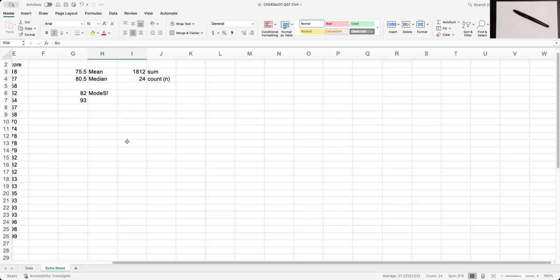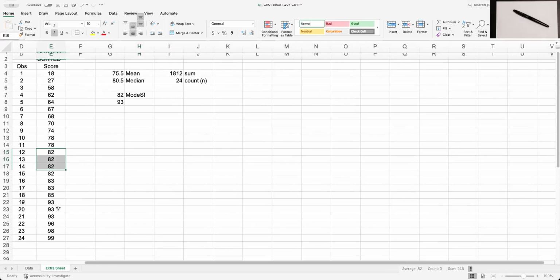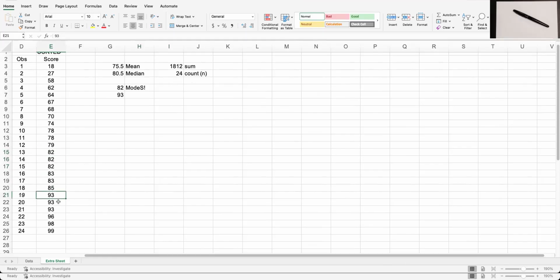As a matter of fact, if we look at the sorted data, I see that 82 occurs 3 times and 93 occurs 3 times. But there are 24 pieces of data here, 3 out of 24 isn't a huge piece, right? What about the other numbers up there? Tell me about skew.